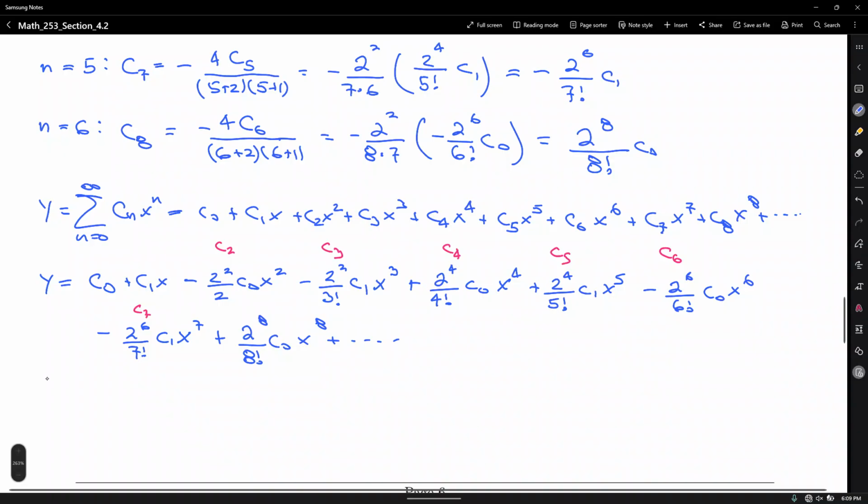Okay? So I'm going to write y equals c sub 0 times, okay, c sub 0, that's 1. What's the next c sub 0? That's minus 2 squared over 2 x squared.